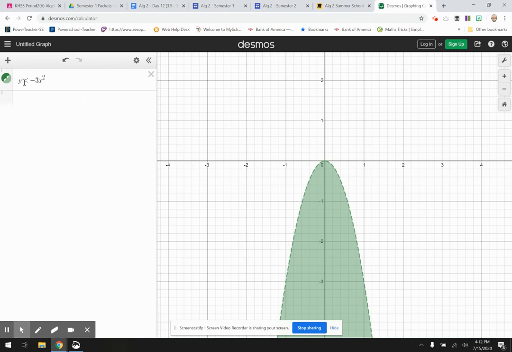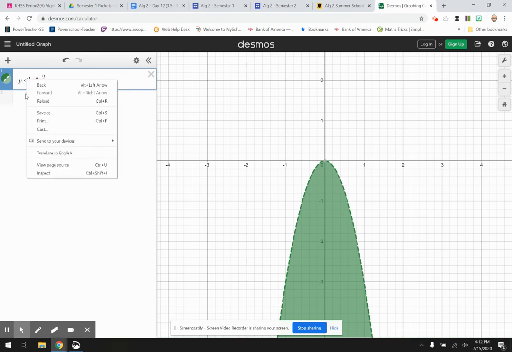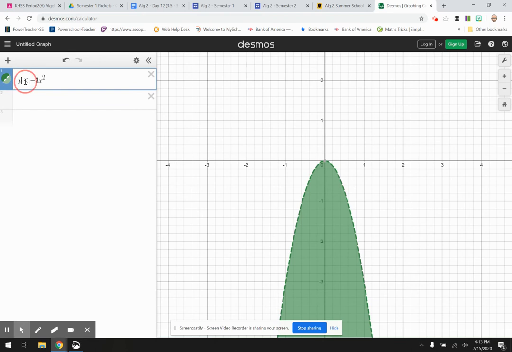So I don't know if it's going to let me do that. I don't think so. Okay, but on your Desmos, you're going to see a little keyboard at the bottom.